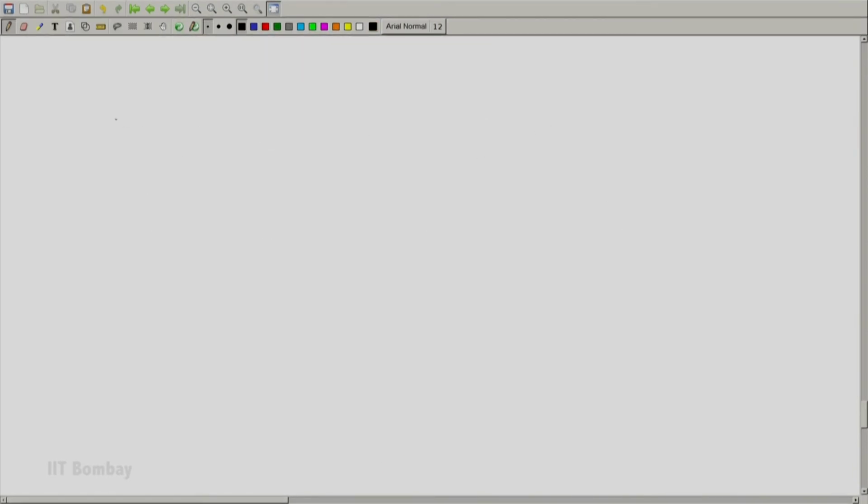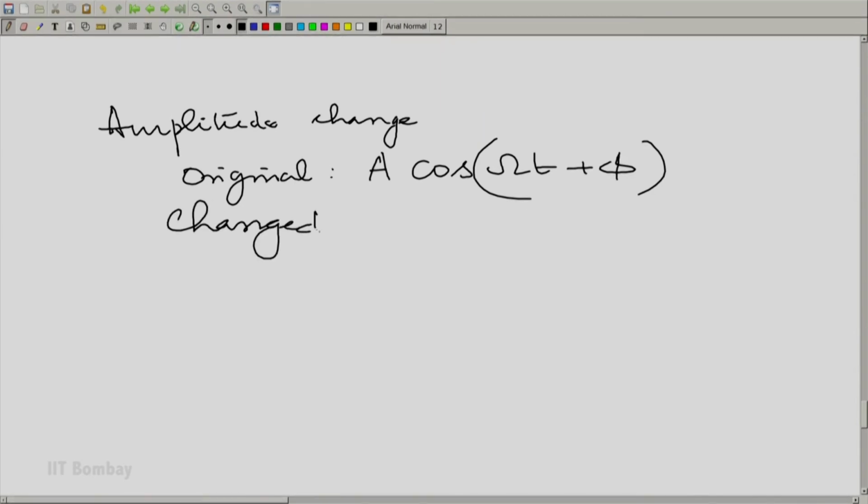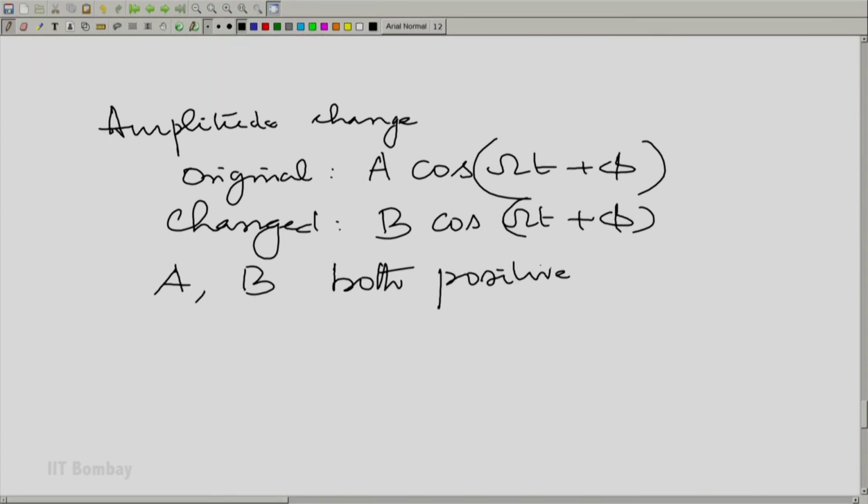Now, a change of amplitude in a sine wave is easy to understand. Let us see why. Suppose you had the original sinusoid to be A cos(Ωt + φ) and the changed sinusoid to be B cos(Ωt + φ), and needless to say A and B are both positive real numbers.